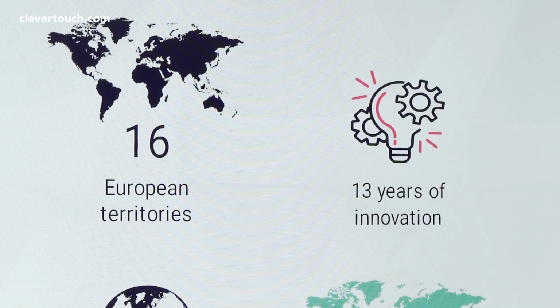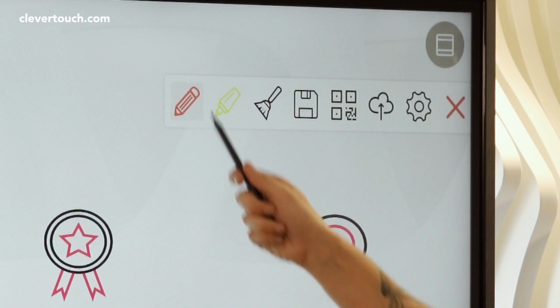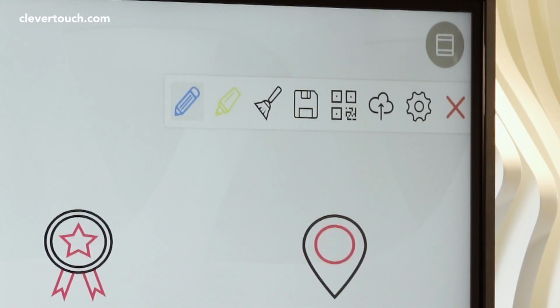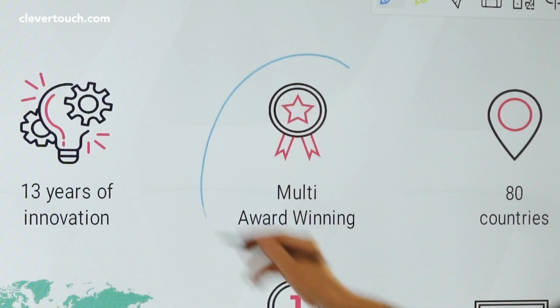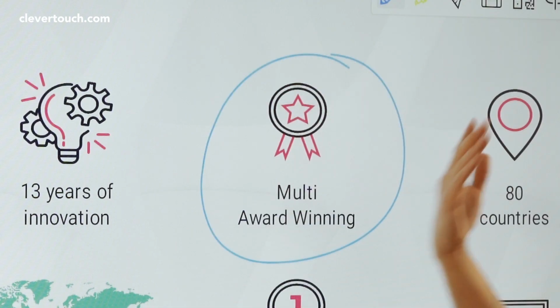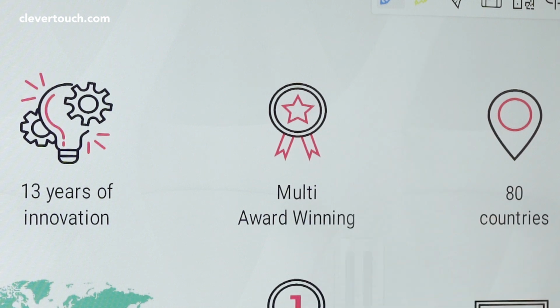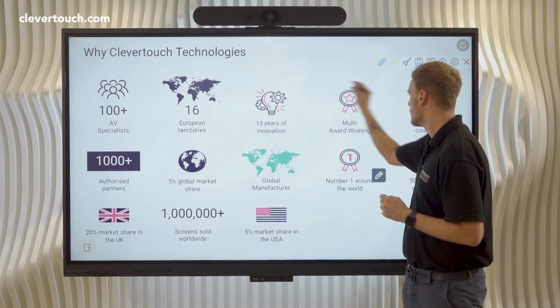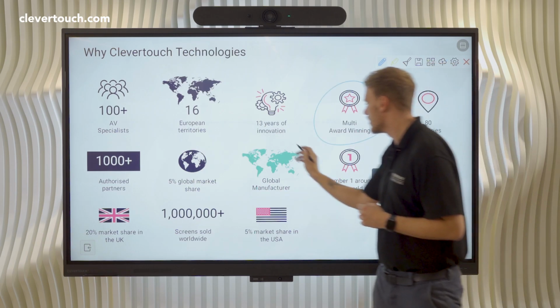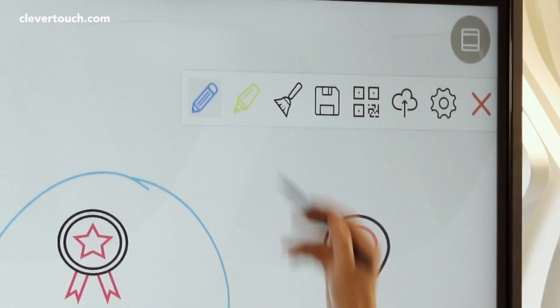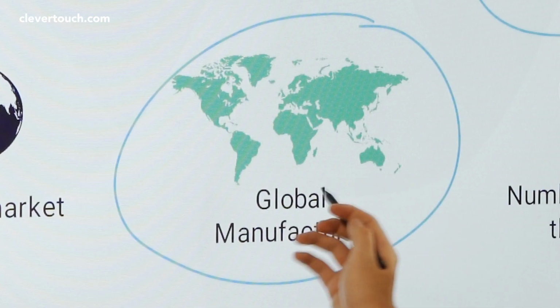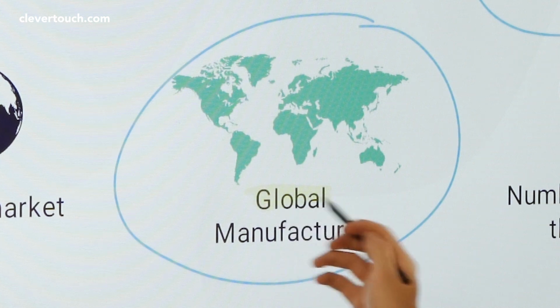So we'll move our pen tool, we'll change colour to blue, and then we can start annotating on the screen. So I can annotate on the screen, use the back of my hand to rub out. Very nice and simple. So we'll make some signs here, global manufacturer, and we'll also highlight the word global.